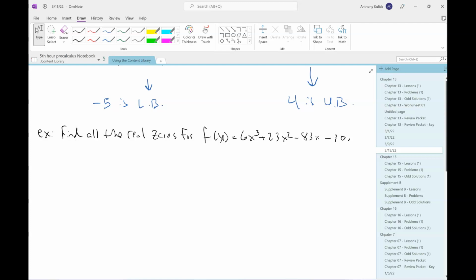All right, so we want to find all the real zeros. So how many possible zeros could I have in this problem?